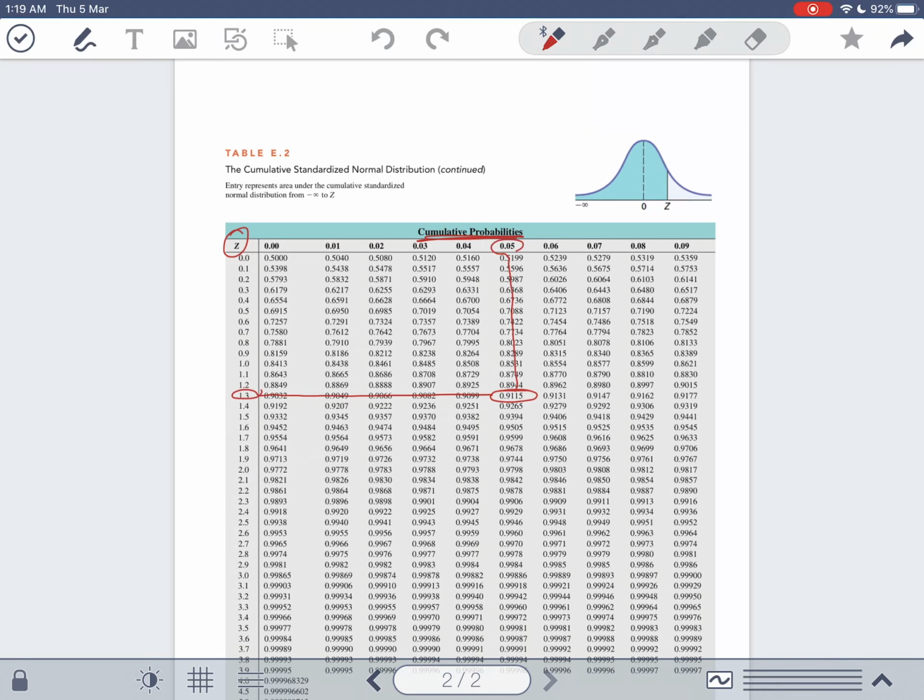So the Z in this case is 1.35, so Z equal 1.35 means that this number that we have here is the area from negative infinity to this Z. Or you can say that this is the same as the probability that Z is less than 1.35.